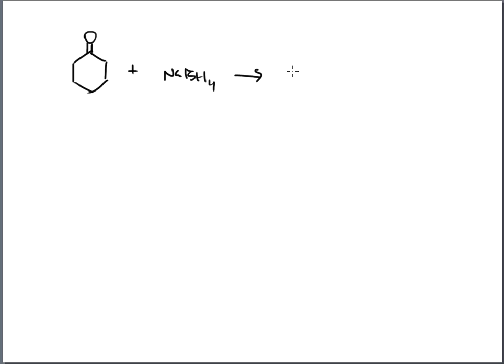Well, I'm not going to draw the mechanism this time. I'm just going to draw the product that gets formed. So here is what we started with. I know that this is a hydrogen nucleophile, and we're going to the double bond. We add on a hydrogen at that spot, and that creates a negative at that oxygen.